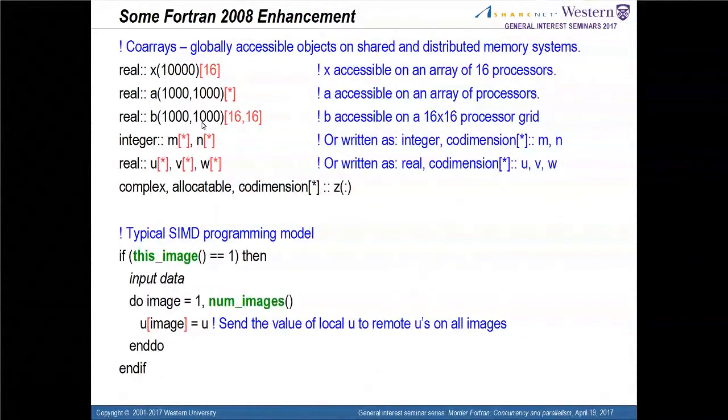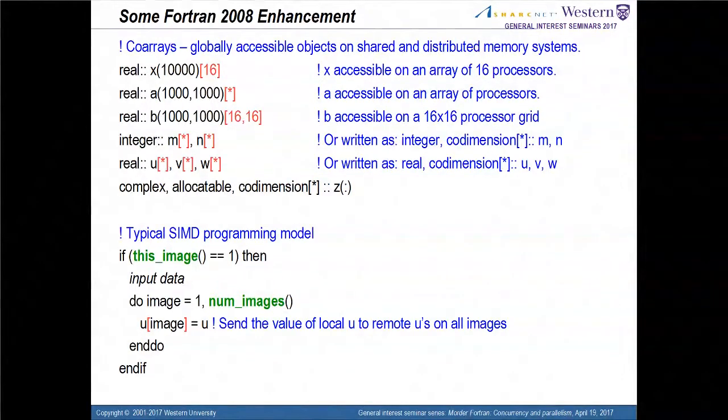Now, by adding square brackets after the array variables and single variables, you essentially declare shared memory objects. Those objects, the variables, can be shared on shared memory or even distributed memory systems.